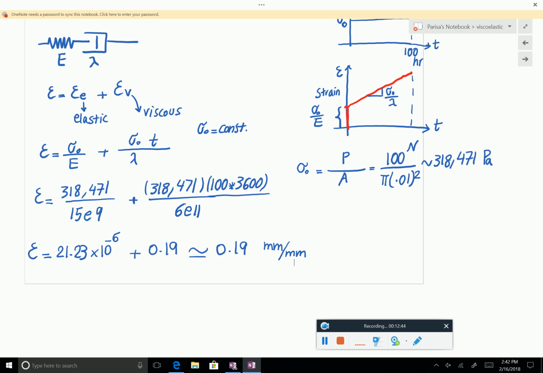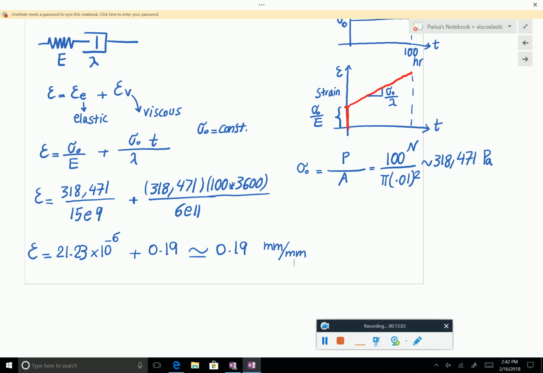Pay attention, there is no unit for a strain, right? Check your numbers. This is basically first calculating sigma 0. You have to be careful about units.